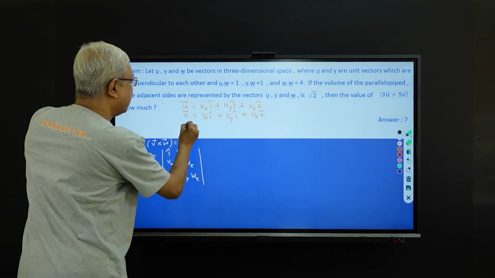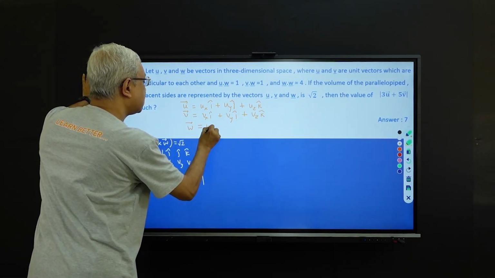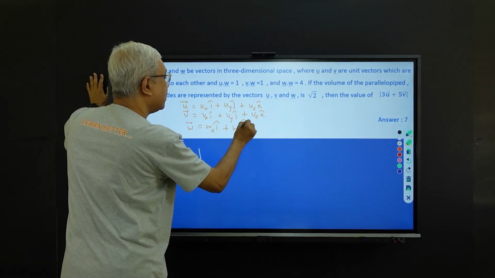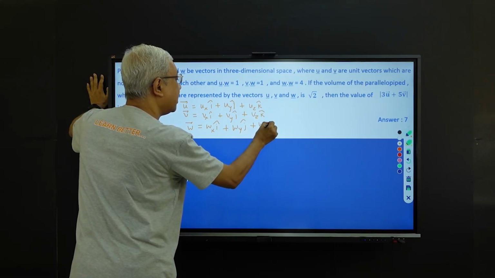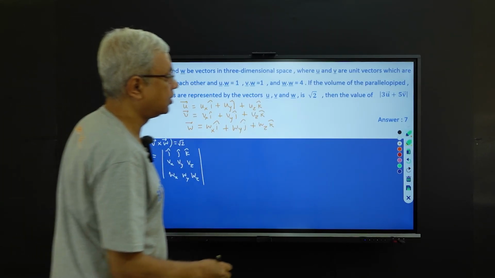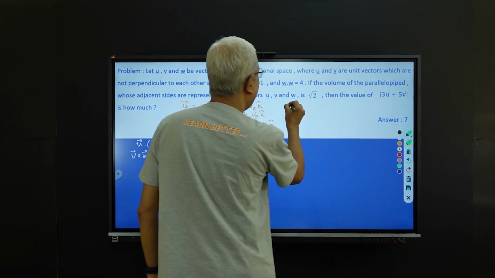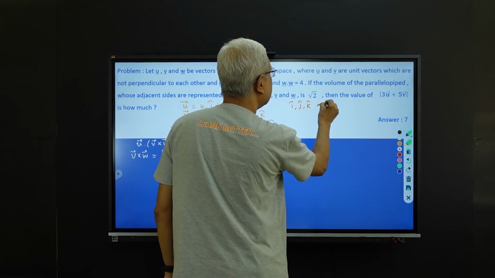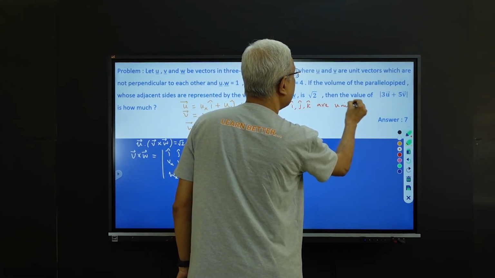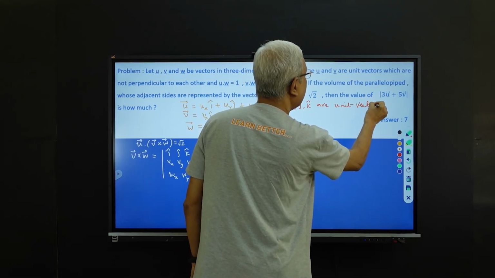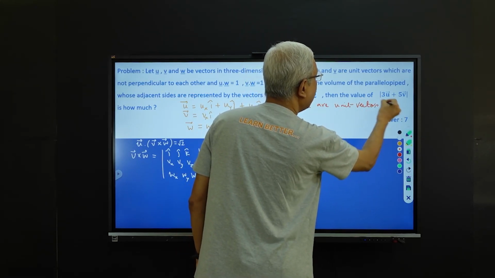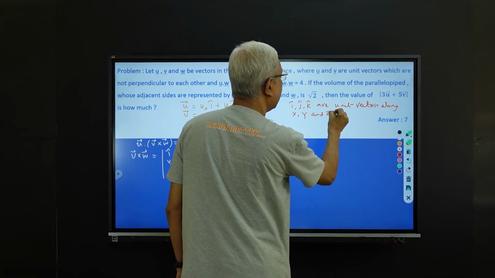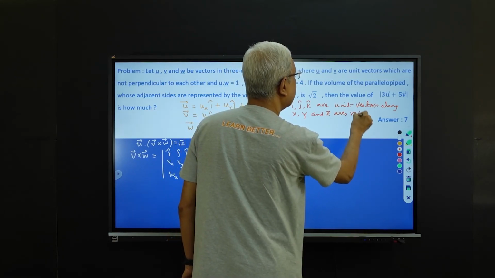And W I have assumed Wx i cap plus Wy j cap plus Wz k cap. And I, J, K are unit vectors along the X, Y and Z axis respectively.